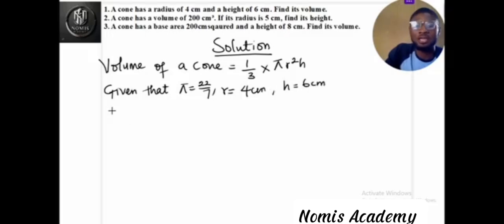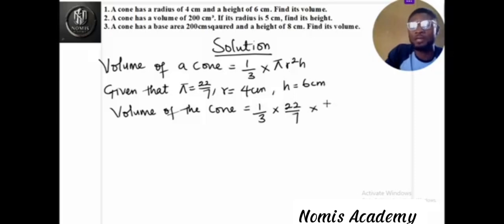Hence the volume of the cone is equal to 1 over 3 multiplied by 22 over 7 multiplied by 4 centimeter all squared, multiplied by 6 centimeter over 1.